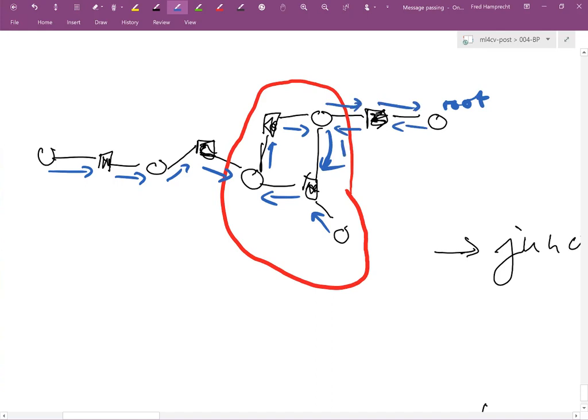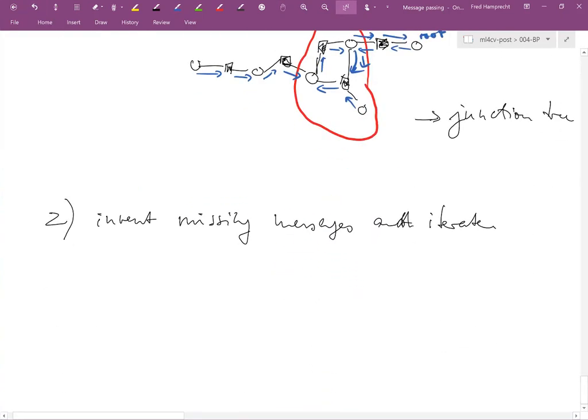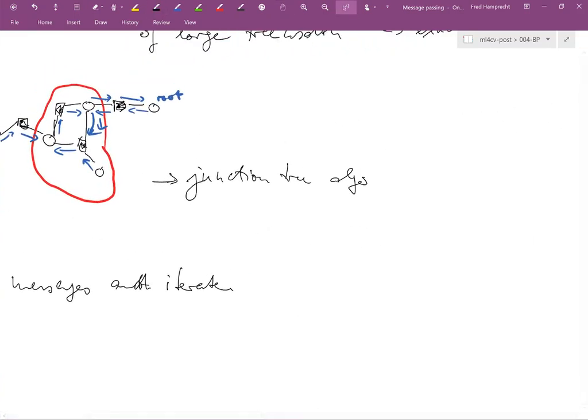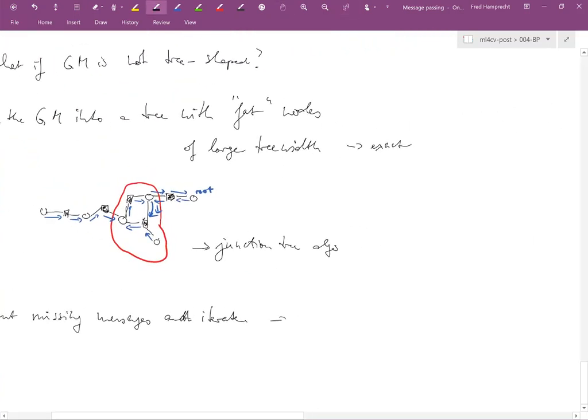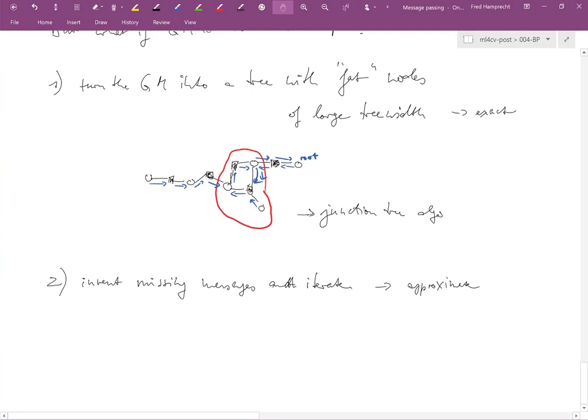And now perhaps I'm sending an updated message this way. And I continue until the system converges or I lose patience. And this is not an exact algorithm anymore. This is an approximate algorithm, which is called loopy belief propagation. And it's not a bad algorithm.